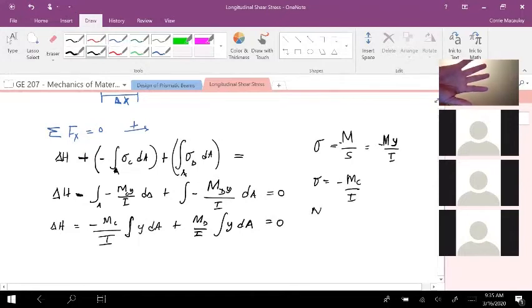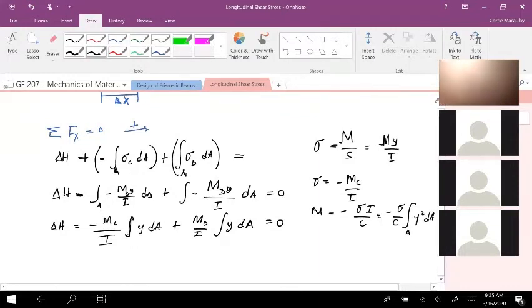And therefore, if I take the moment out of that, it's going to be negative stress times I over C, right? And therefore, we're going to have negative the stress over C in I. So I'm working backwards here, would be Y squared dA.